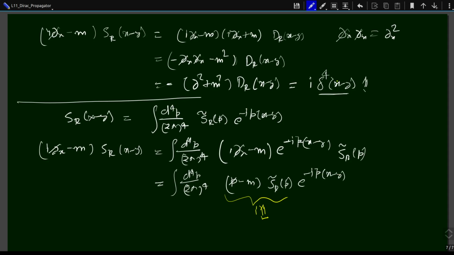For that to happen, S̃_R(p) is nothing but i divided by (p̸ − m), or i(p̸ + m) divided by (p² − m²).